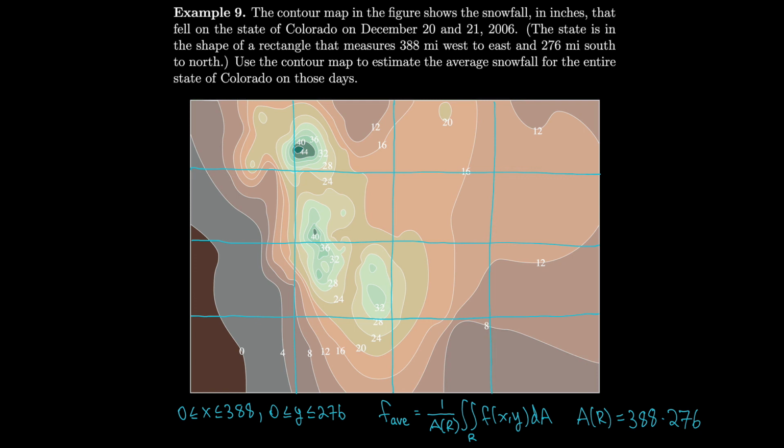So I want the midpoints, so I'll go in the center, like over here, here, here, here. Keep going in the center of each of these guys. And it's not perfect, but it's an approximation anyway.